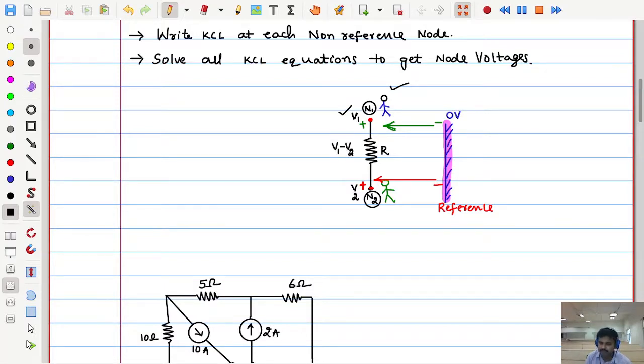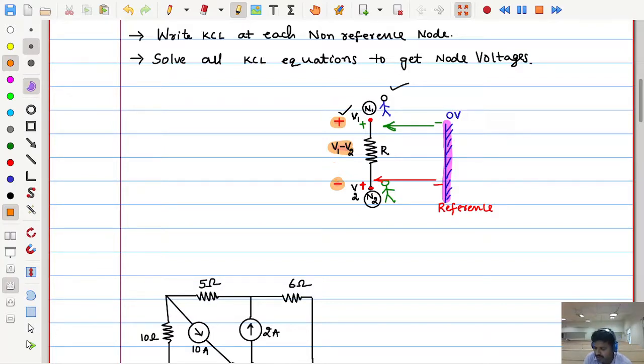But observe very carefully that as the V1 person is higher, having more voltage, definitely this is V1 minus V2. Which side is positive? V1 side positive, V2 side negative. So this is the voltage difference between node 1 and node 2, with the assumption that node 1 voltage is higher than node 2 voltage. That's why I wrote V1 minus V2. Otherwise, I would have written V2 minus V1.